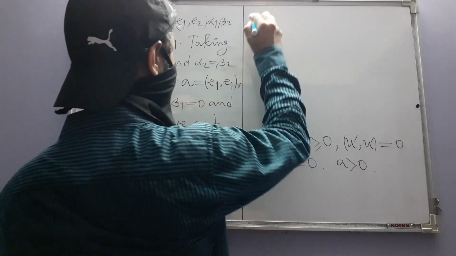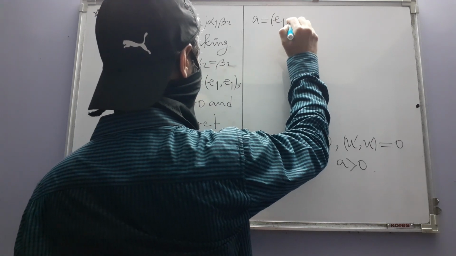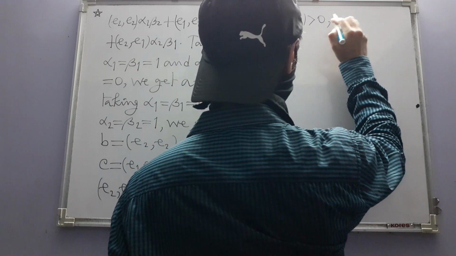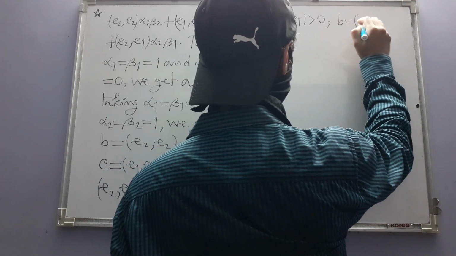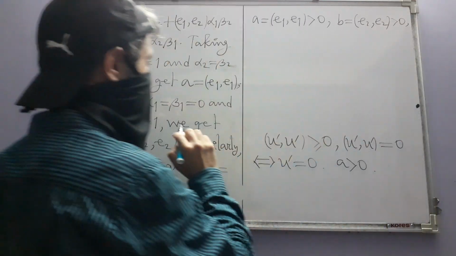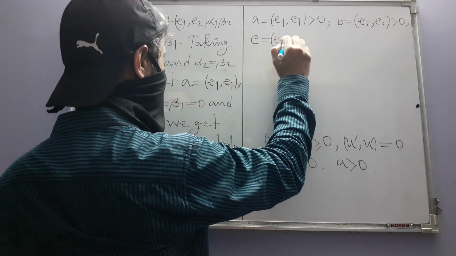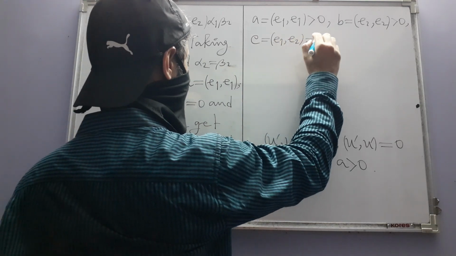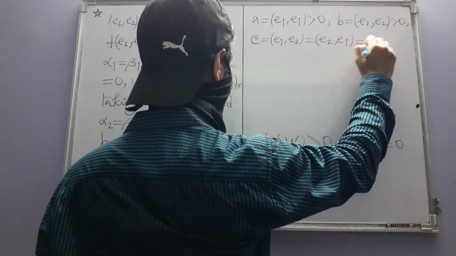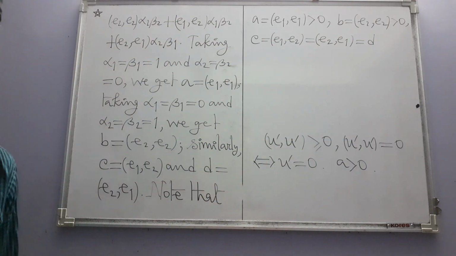So note that A equal to E1, E1 is positive, B equal to E2, E2 is positive, C equal to E1, E2 is also equal to E2, E1, which is equal to D, and something else can also be said.